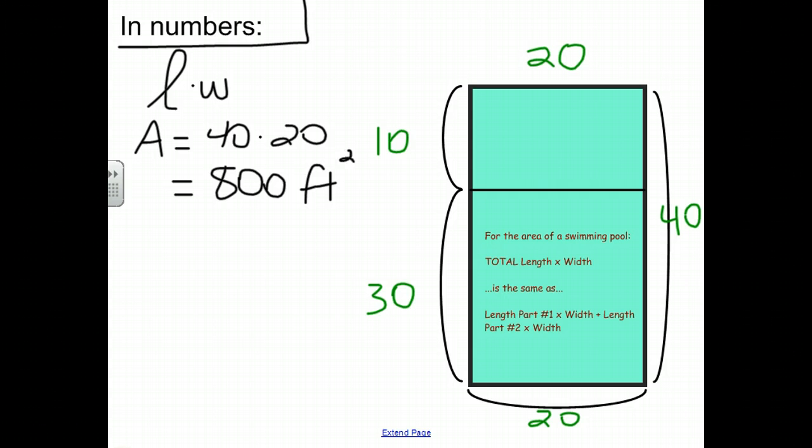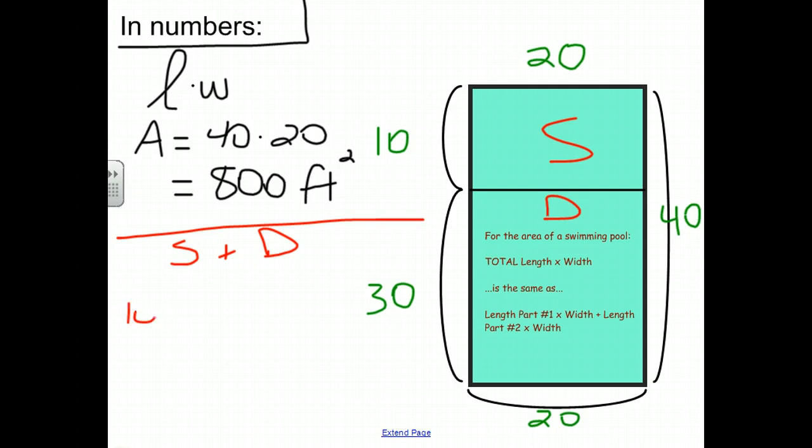On the other hand, we can look at it as the area of shallow plus the area of deep. Shallow's area is still length times width, 10 times 20. And the area of the deep is still its length times width, which is 30 times 20. So the shallow area has an area of 200 square feet. The deep section has an area of 600 square feet.